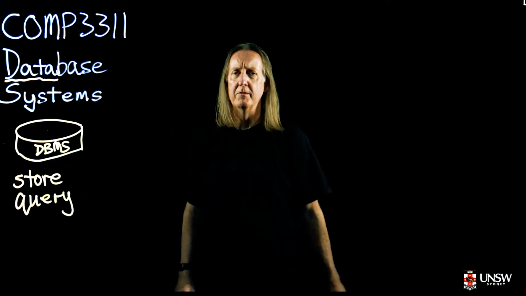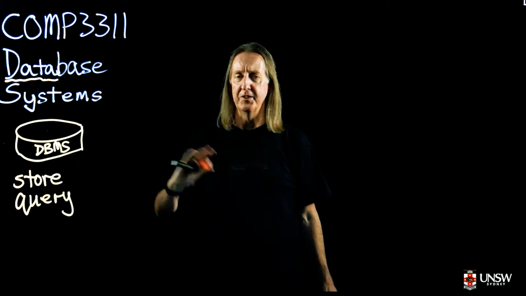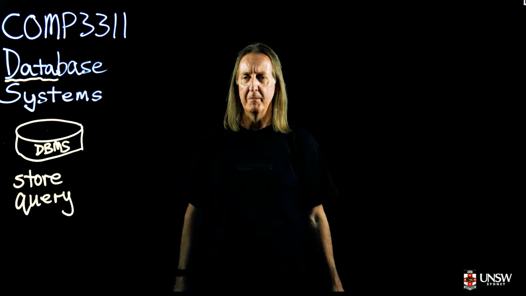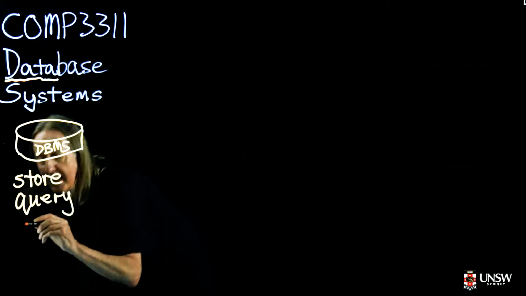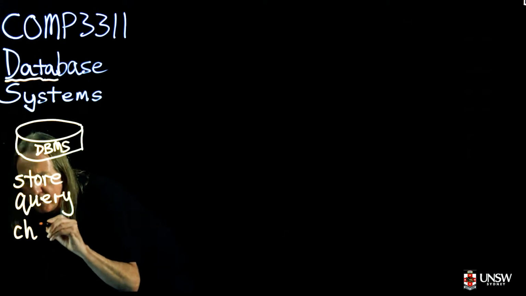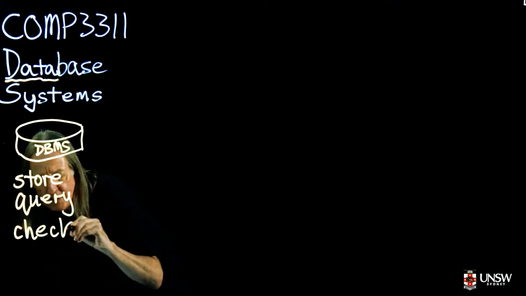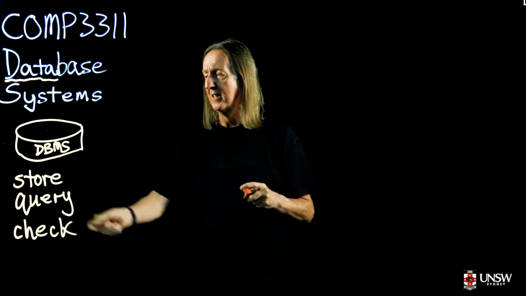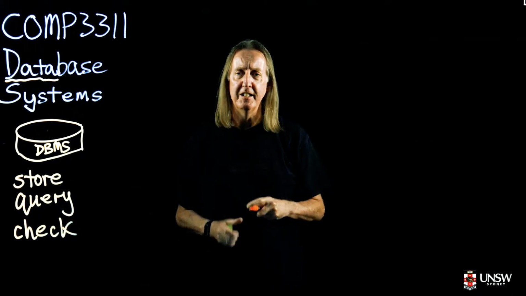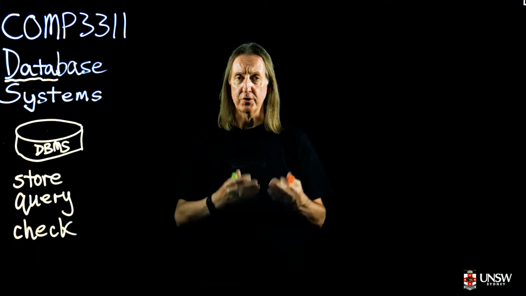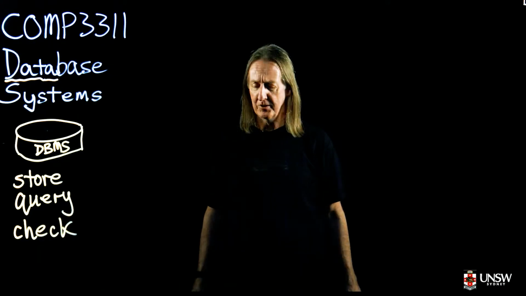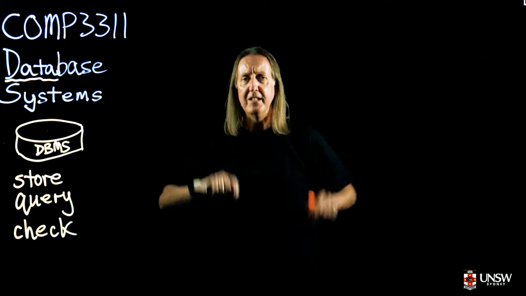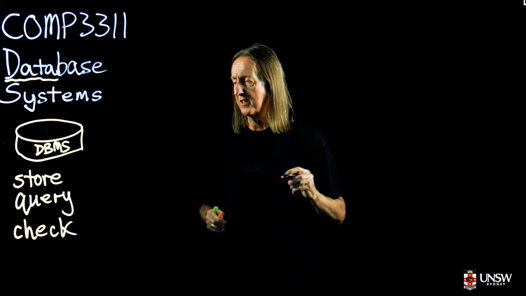One very important thing that database management systems do, and the ones we're looking at are relational database management systems, is they allow us to check the integrity of our data. When you're trying to add new data to the system, the DBMS will check that it fits a certain set of constraints that you define as part of your database structure, and only if the data makes sense will it be inserted into the database.